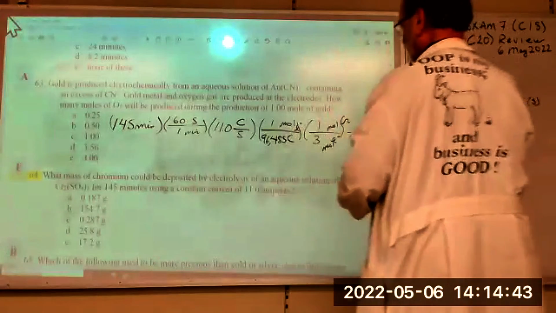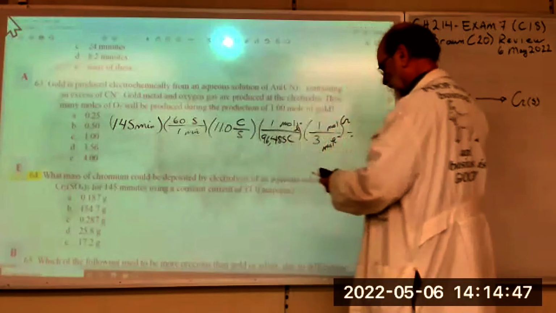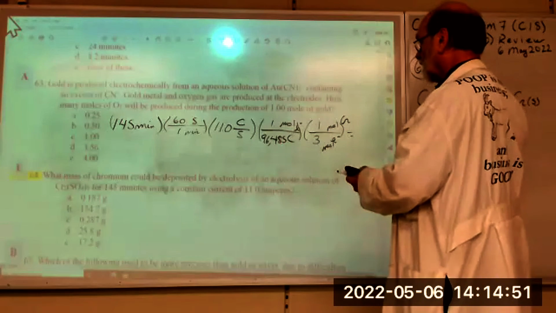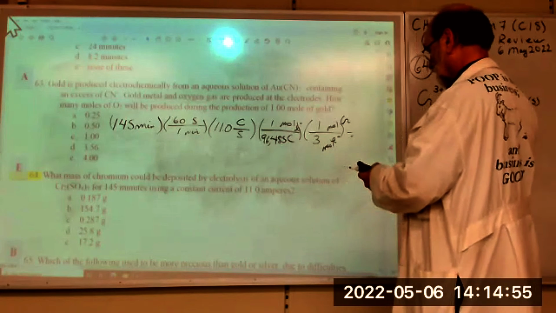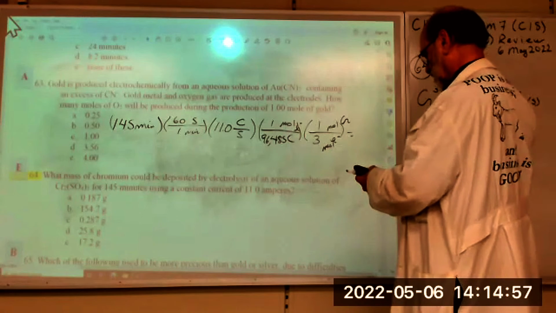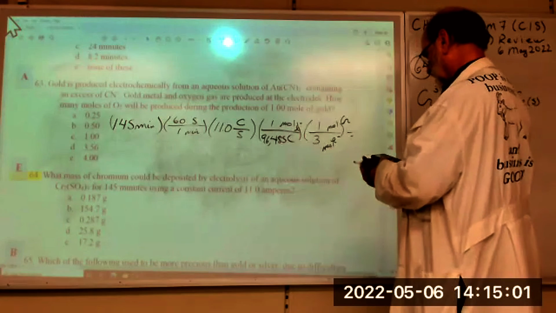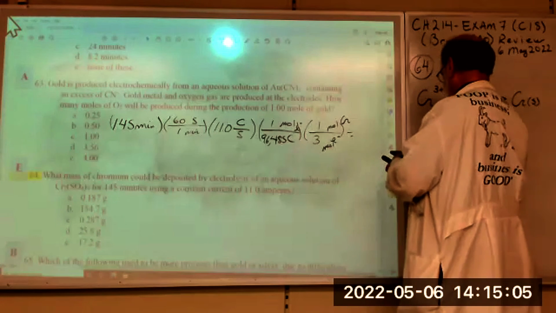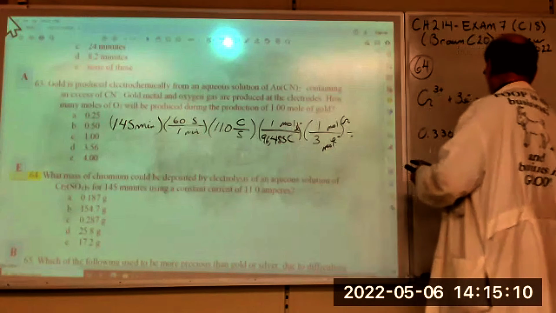And we did that by dimensional analysis, a series of conversion factors. 145 times 60 times 11 divided by 96,485 divided by 3. So that's 0.3306 moles of chromium.